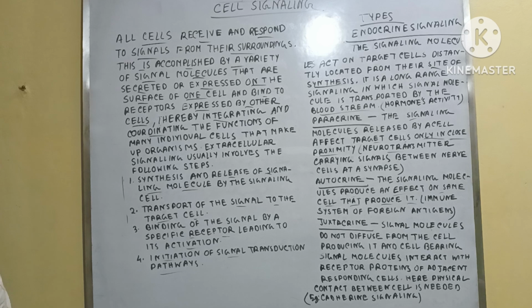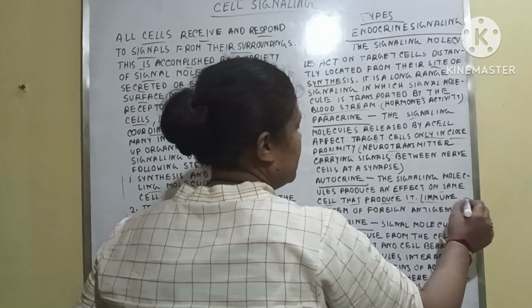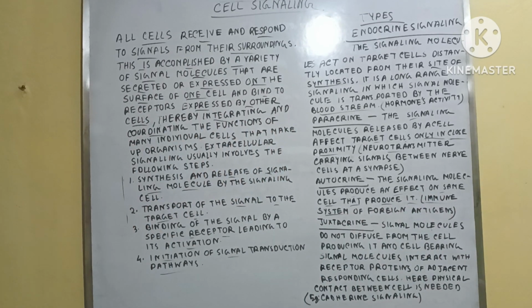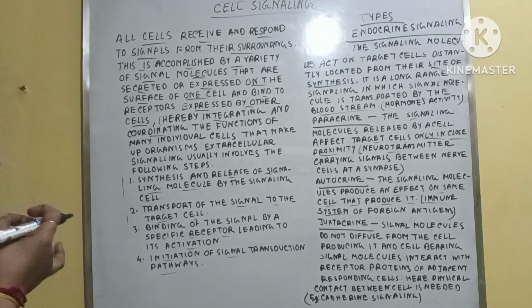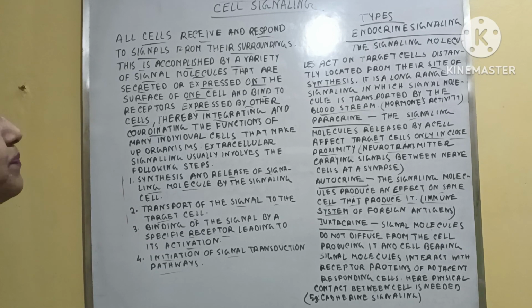That means a cell captures the signal coming from the foreign particles, and the transduction system occurs in the particular cell that is capturing the signal from the foreign particles. Clear? So the immune system is the example. The immune system, in the same organism, becomes active due to the presence of antigens in the organism.